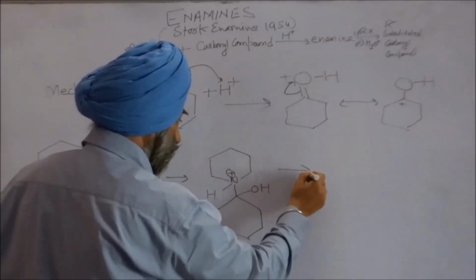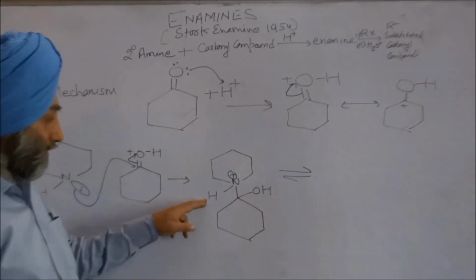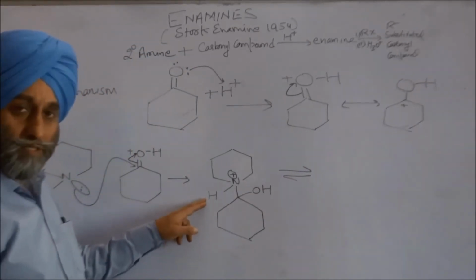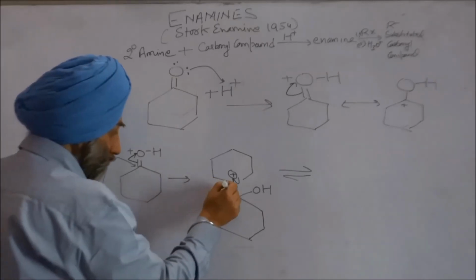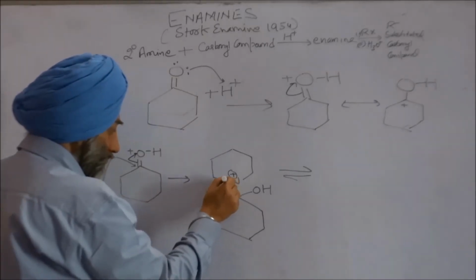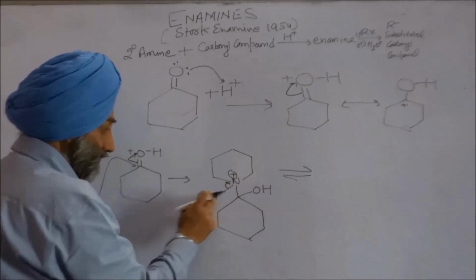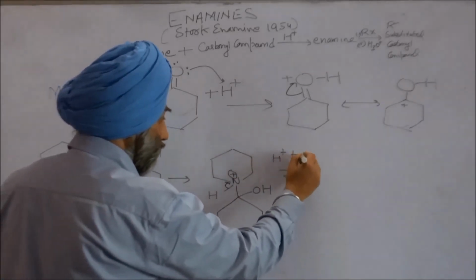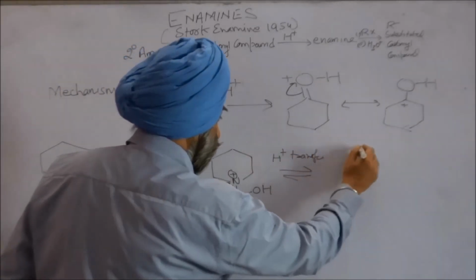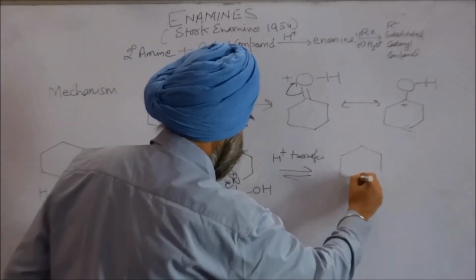Now because of this, the hydrogen can be easily removed, or we can say this is labile. This is removed as a proton, leaving behind these electrons. This H is transferred to this OH group. So we can write proton transfer.